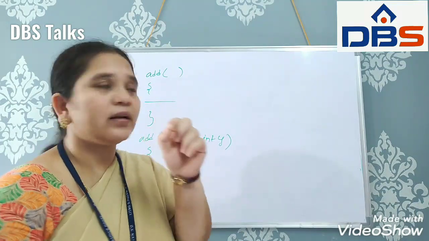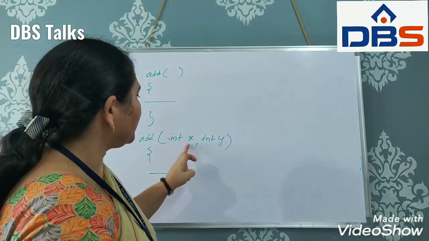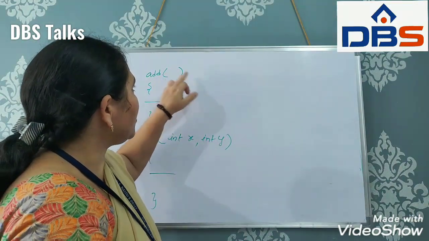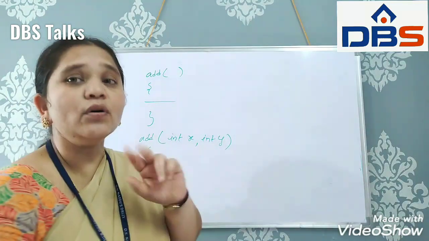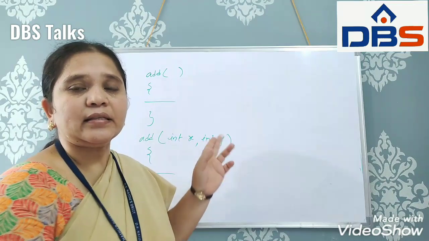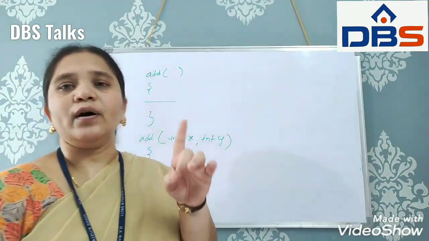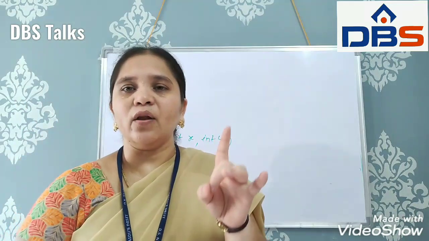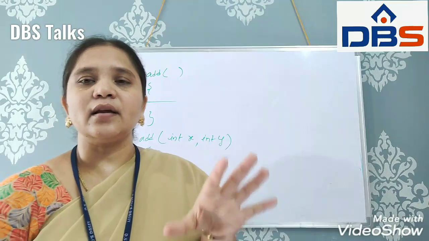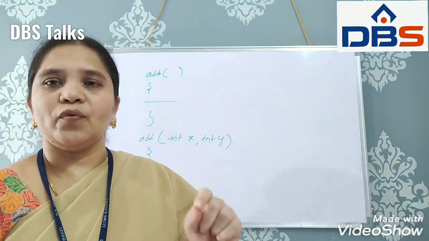Same order means, here I am not passing any arguments, but here I am using two arguments. This type of way the C language does not allow. That's why we go for Java. Java allows overloading in different ways: constructor overloading, method overloading, and operator overloading.